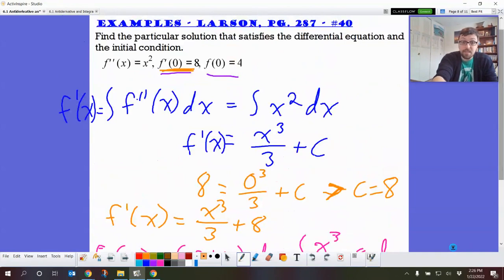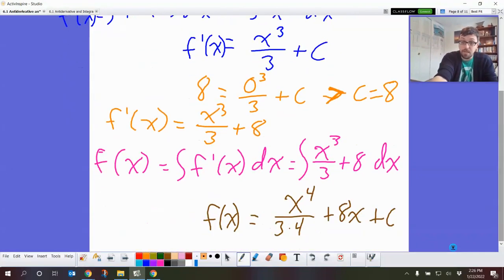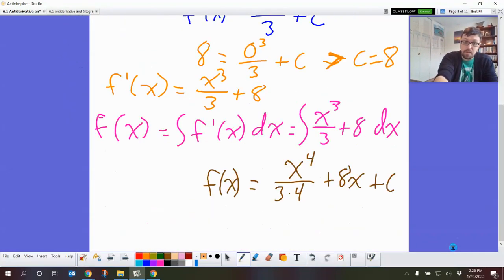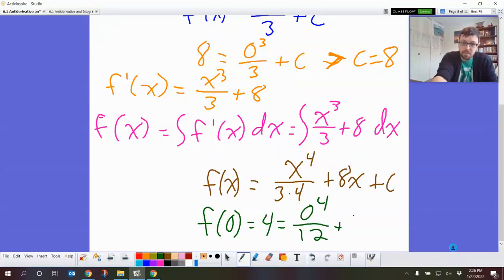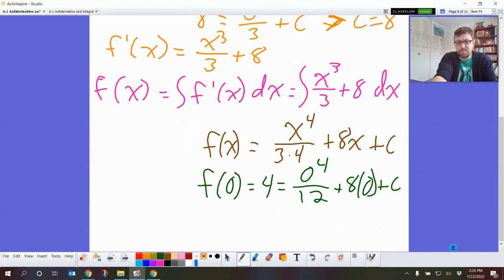So this is our original function. But they gave us something about it. They told us something about our original function. They told us that f of 0 was 4. Okay, so we can figure out what c is now. So f of 0 is 4, which equals 0 to the 4th over 12 plus 8 times 0 plus c. Okay, well, that's 0, and that's 0.